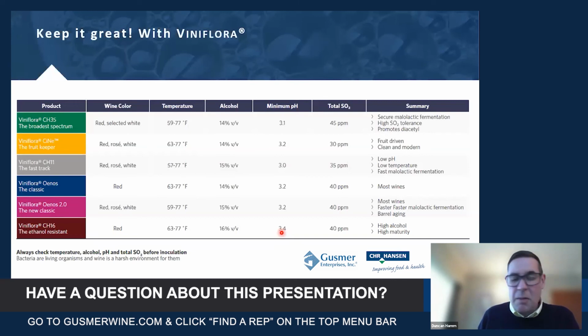This is the range of Christian Hansen bacteria that Gusmer supply into North America. We believe we have a strain for pretty much all wines that need to go through malo in North America. And we'd also say it's really important to choose the strain that fits the winemaking conditions. And on that note, I think we'll see if there are any more questions.